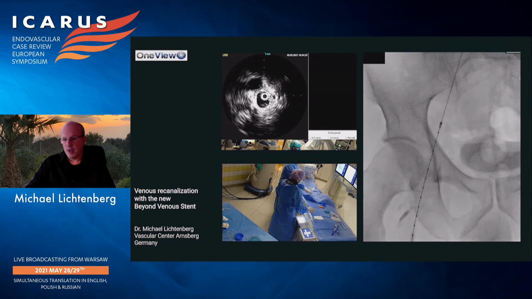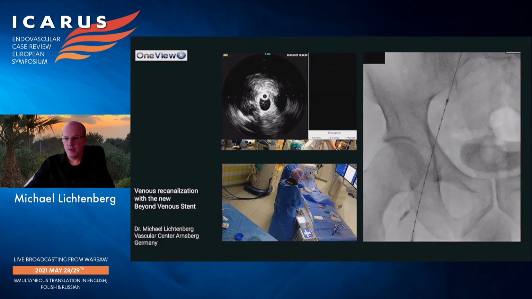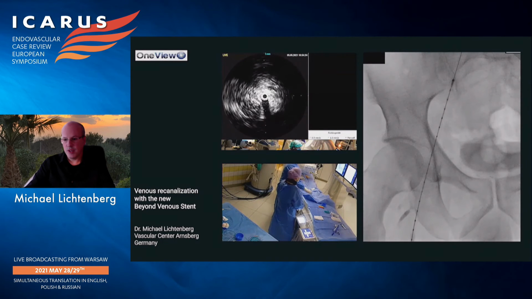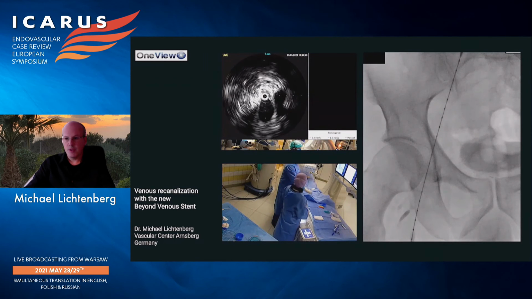So therefore, based on this angio analysis, we decided to stent the whole tract of the iliac system. This is the advancement of the 9 French Pioneer PV catheter from Philips, the Visions PV, I'm sorry.